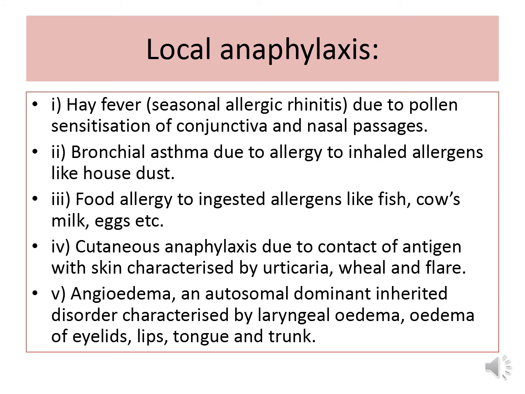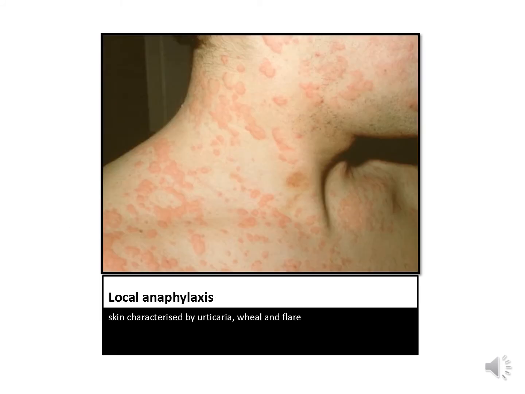And angioedema, an autosomal dominant inherited disorder characterized by laryngeal edema, edema of eyelids, lips, tongue, and trunk. So here you see the skin characterized by urticaria and flare, the local anaphylaxis.